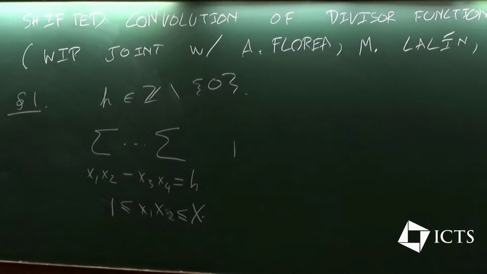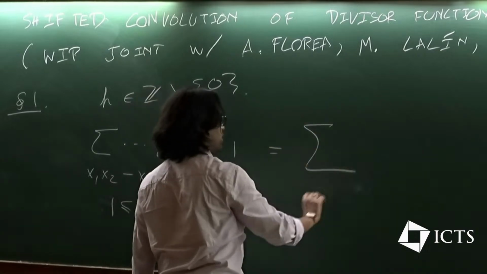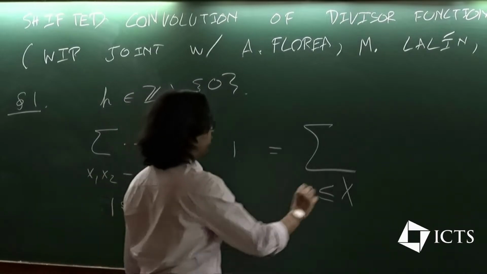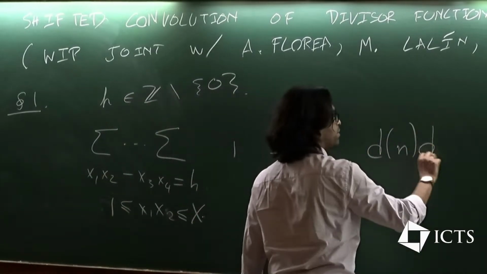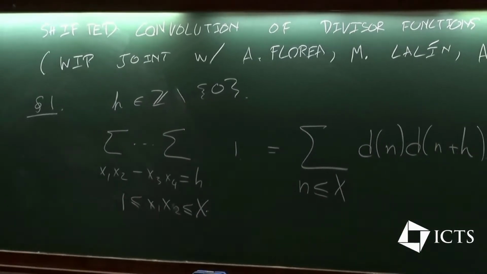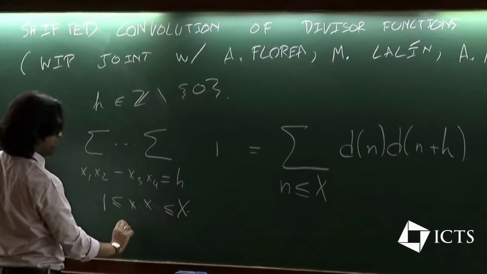This is a strange way to write it, but maybe a more natural way is like this. You can write it as the sum over integers n up to x of the divisor function, the number of divisors of n, times the number of divisors of n plus h. Maybe this should be x3, x4.